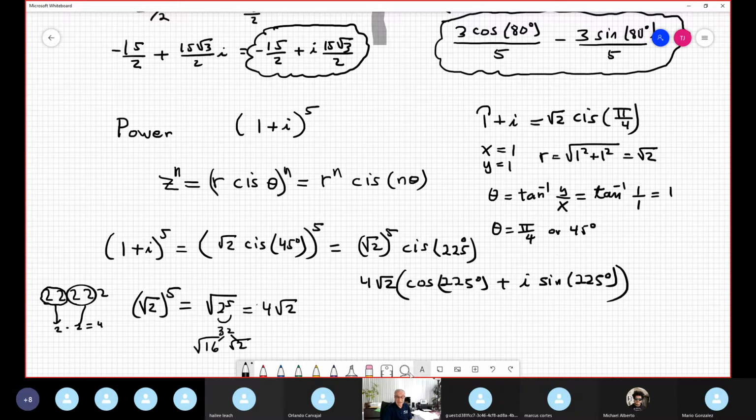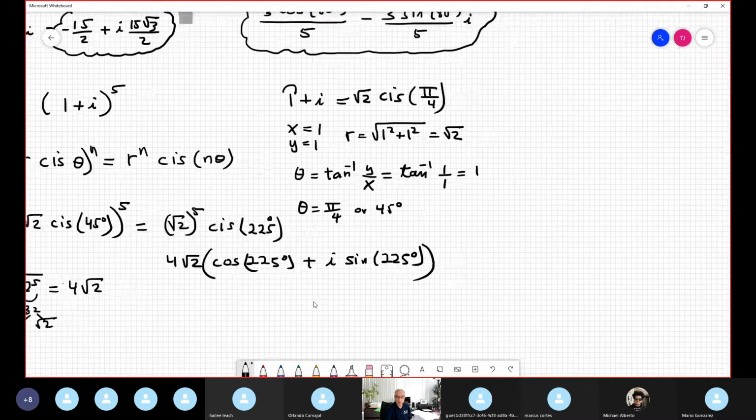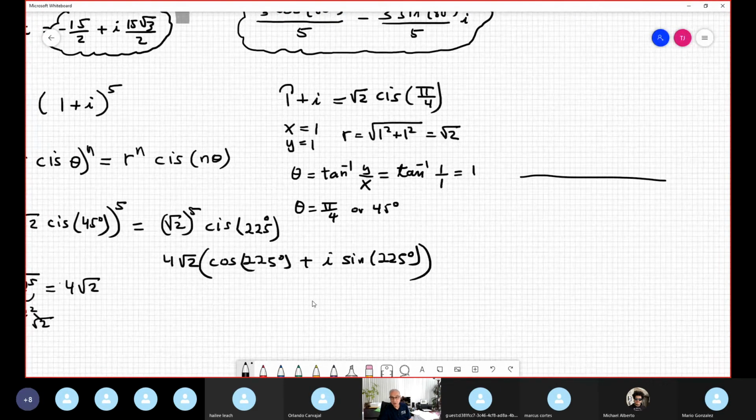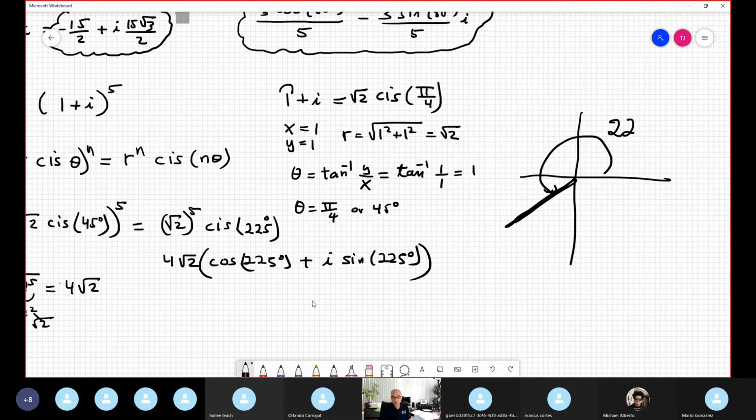225 degrees lies in the third quadrant. We studied this in detail. This is 225 degrees, and the reference angle, alpha, is 45. That means the trigonometric function of 225 and the trigonometric function of 45 have the same value. The only thing that changes is the sign, which you adjust according to the quadrant.